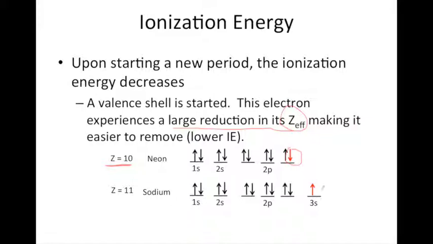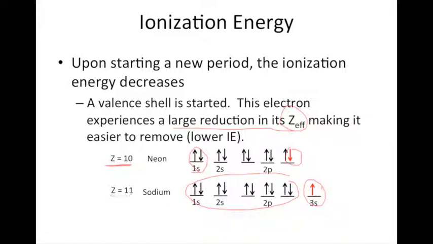When we start a new valence shell for sodium, the sodium 3s electron goes into a new valence shell and it experiences a large reduction in its effective nuclear charge because the number of core electrons increases greatly. It increases from 2 with neon all the way up to 2, 4, 6, 8, 10.